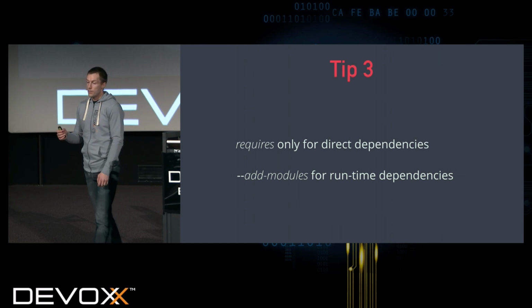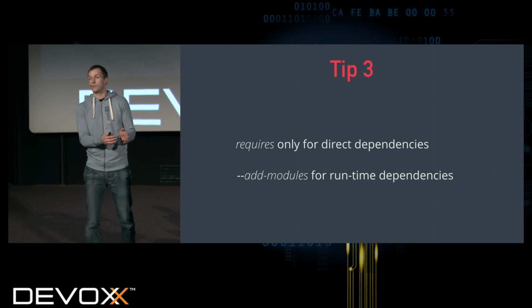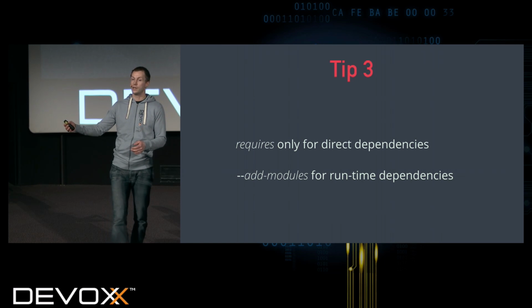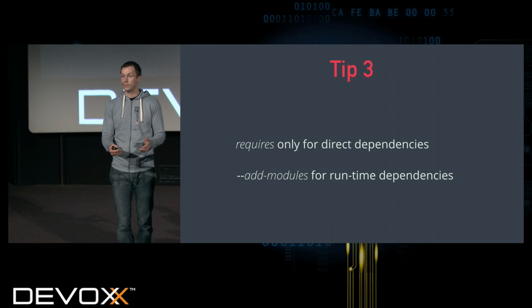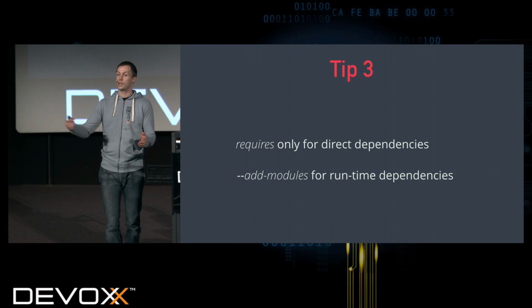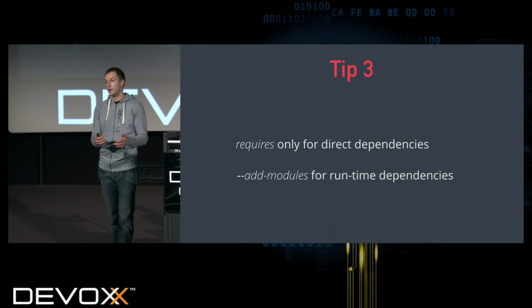That's fine. But in that case, I would have a dependency from my module directly to Java Assist. Although I'm not actually using Java Assist in my code, but one of my dependencies is using Java Assist. So it's a transitive dependency of some library that I'm using. I'm using Hibernate directly. Hibernate is using Java Assist, and that's why I need it, but I don't have a direct dependency on it.